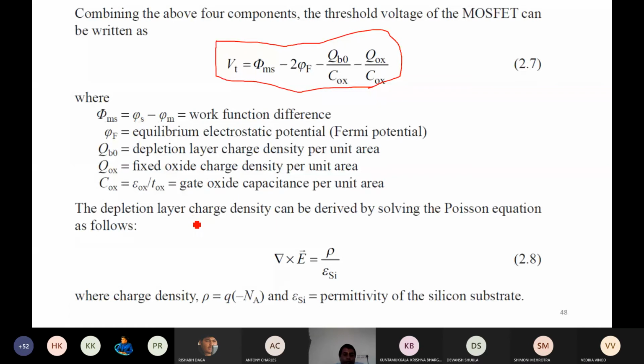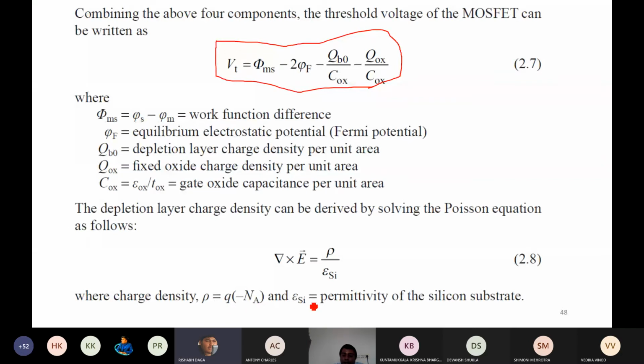First we should start with the depletion layer charge density calculation, and by Poisson's equation we can write del dot E equal to rho by epsilon of silicon. Rho is the charge density, basically the volume charge density. In this case rho can be calculated with the help of q, the electronic charge, and the acceptor density NA.